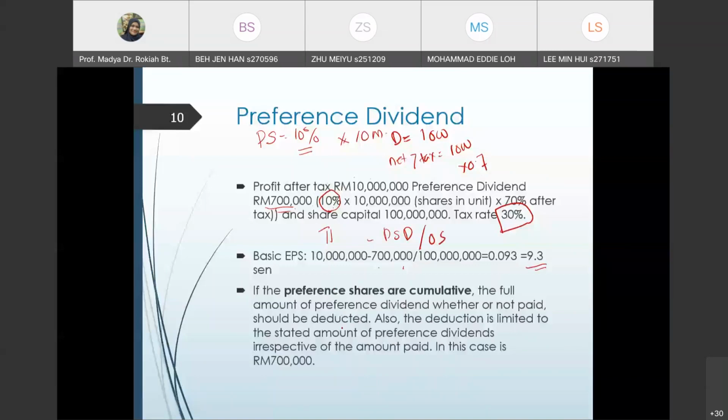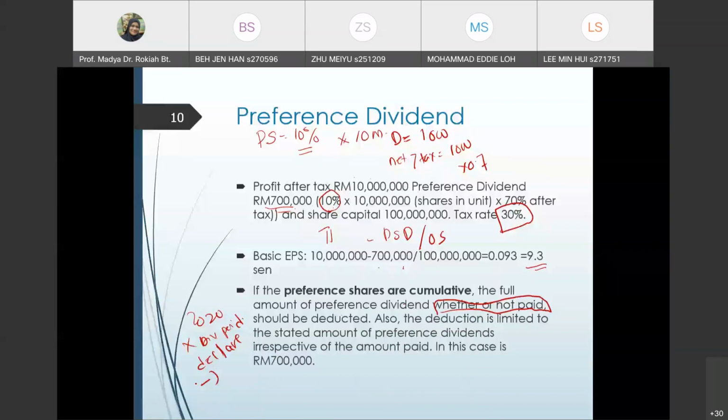Let's say in the year 2020 there is no dividend paid, but they only declared. Declared means not paid, but you still need to minus it from the profit. Whether or not paid, it should be deducted. Also, the deduction is limited to the stated amount.